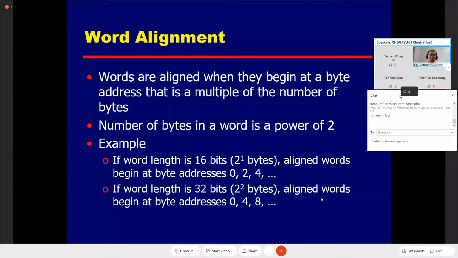That's it. If your word length is 32 bits, which means you have 4 bytes, your word addresses will be 0, 4, 8, 12, 16, and so on. So you skip the number of bytes in the word. Okay, so that's basically byte addressability.